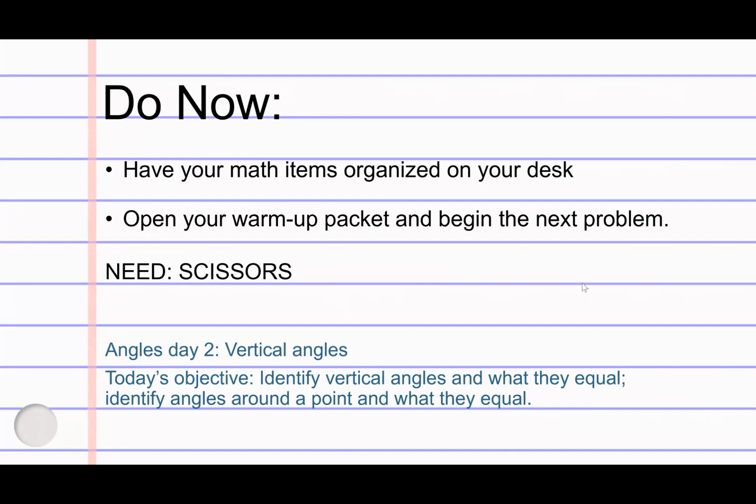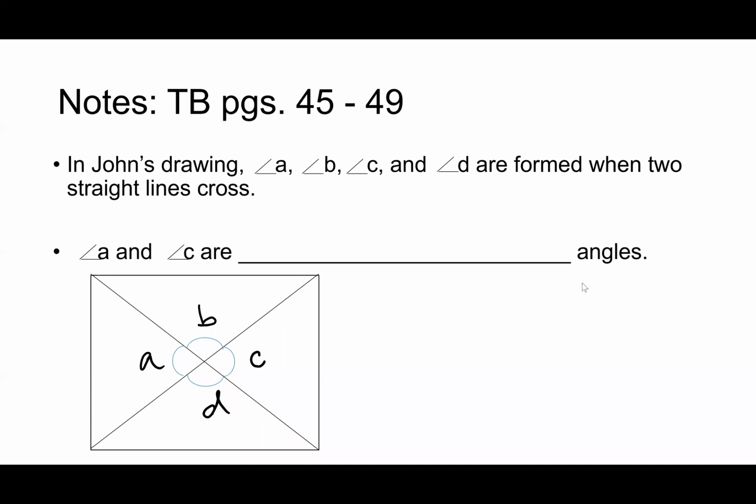It's called vertical angles. So let's take a look at your first slide here. It says John's, I don't know who John is, but he has a drawing. Angles A, B, C, and D are formed when two straight lines cross. So we've got a straight line here, and we've got a straight line here. Angles A and C are vertically opposite angles.